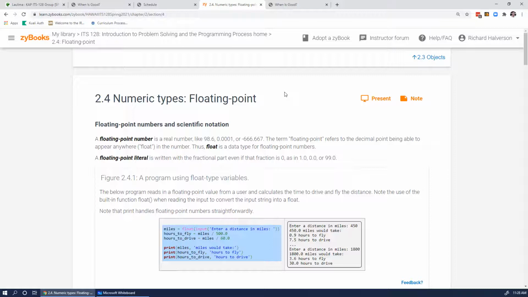We distinguish between the types of things that we can put in there. We distinguish between an integer, which does not have a decimal point, and those numbers that do have a decimal point. There are lots of reasons for that.